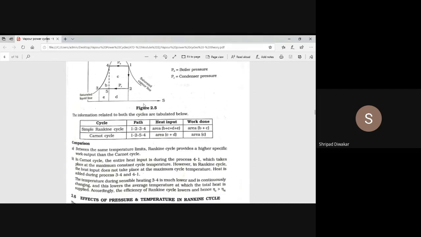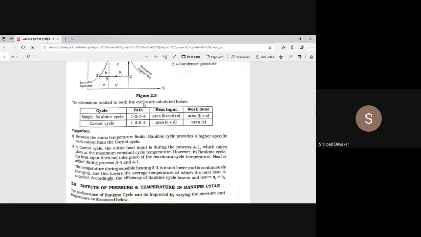You see the area of B, C, D and E together, it is more than that of area C plus D. Hence, the area under 4, 1 is more in case of Rankine cycle. Rankine cycle is 1, 2, 3, 4, 1. Hence, the heat input will be more in case of Rankine cycle compared to Carnot cycle. Hence, we'll have the higher efficiency in the Rankine cycle.